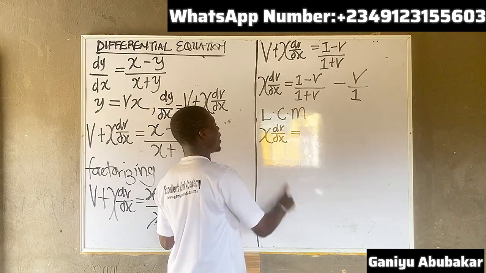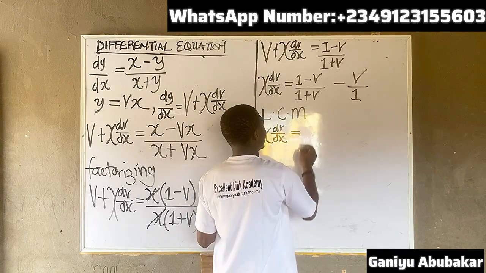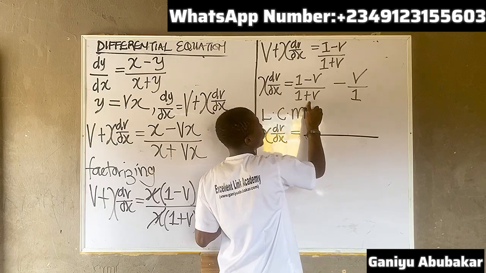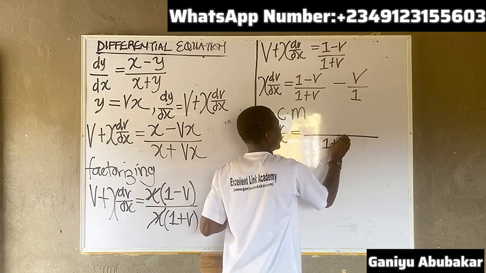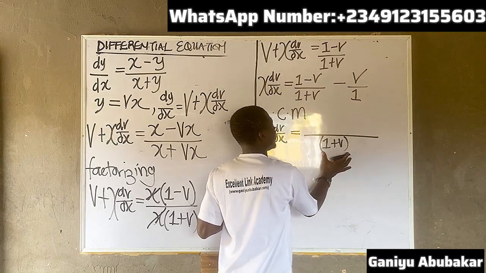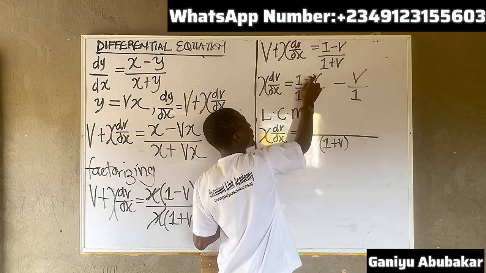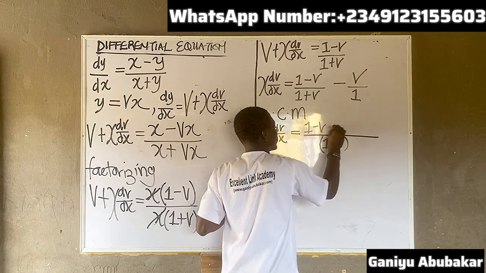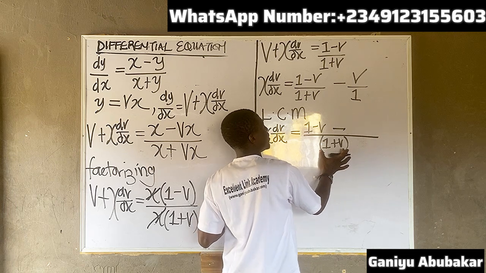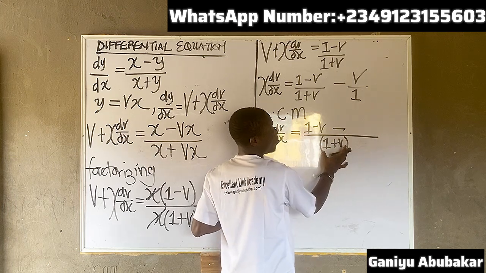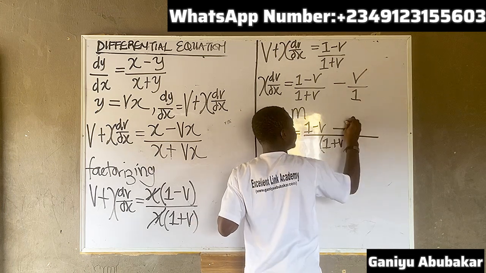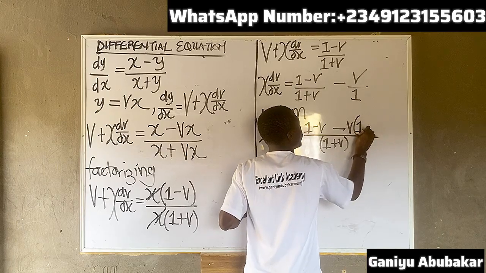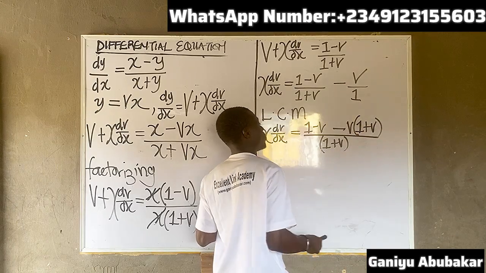LCM from here, that gives you x dv over dx equals, my LCM here is obviously 1 plus v. This divided by this is 1, and 1 times this gives you 1 minus v. Minus, this divided by this is itself, times v, that gives you v into 1 plus v. LCM concept.